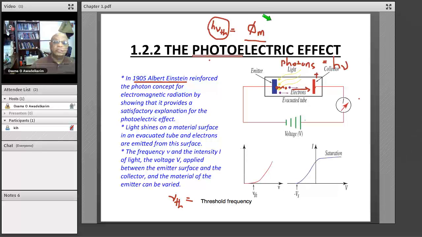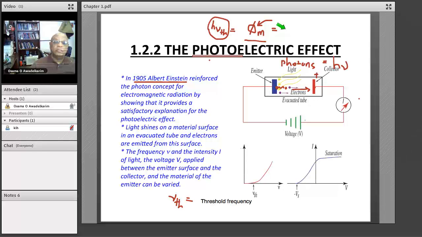So this phi m depends on the metal or the surface. And this phi m changes from one surface to another. This phi m is called the work function. Work function of the metal.